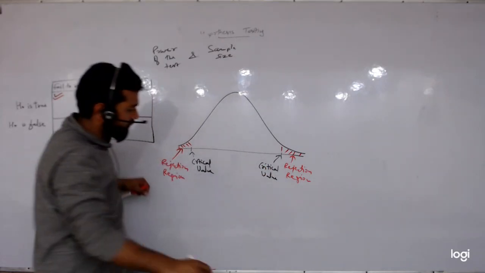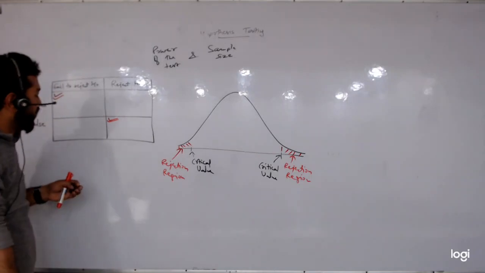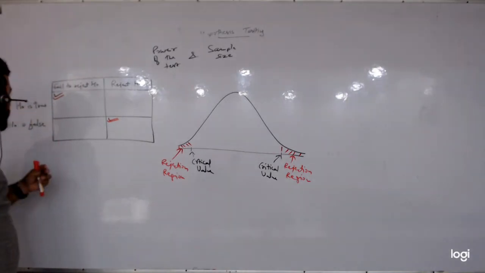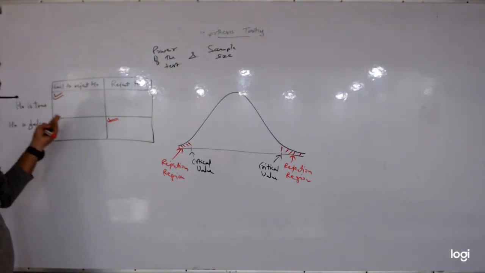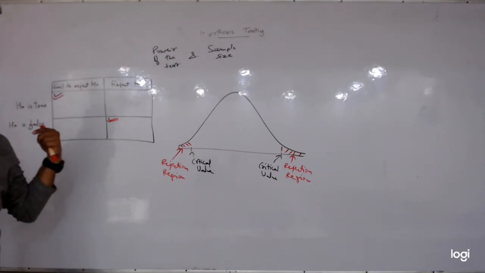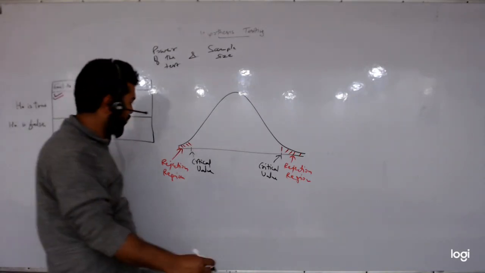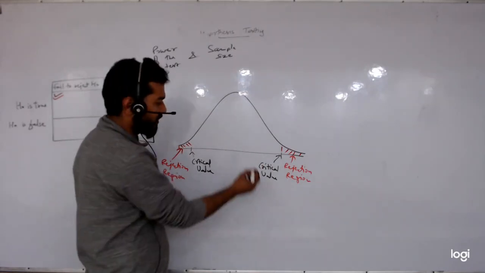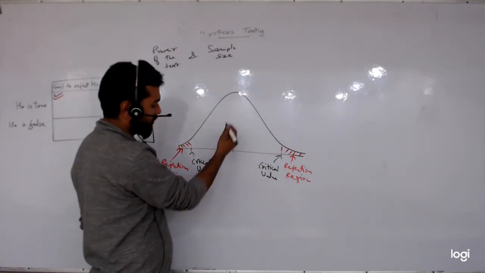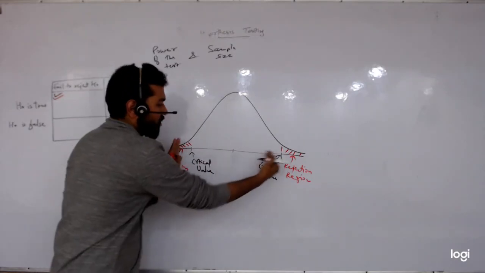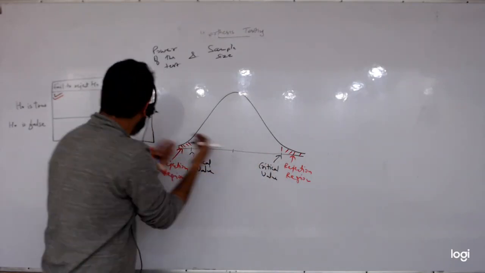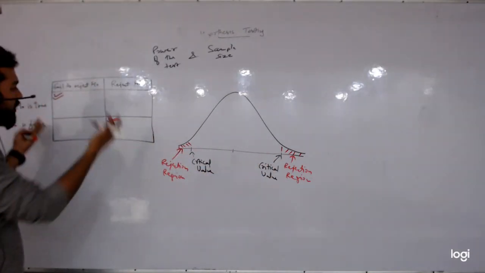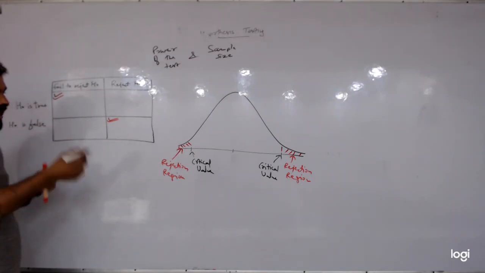Critical value. Now, if H naught is true and we get the value calculated from the sample, this is where it's entered in this. Okay, we just say we fail to reject it, which is fine.